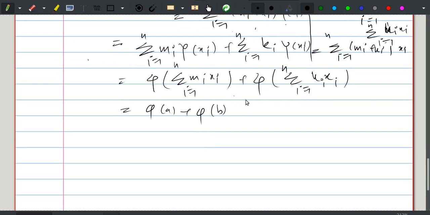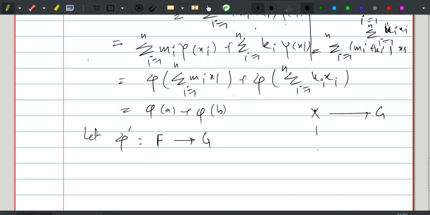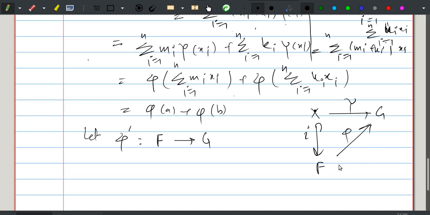So let us suppose, let phi prime from F to G, so this is over X here, this is G here, this is F here, this is the inclusion map, this is gamma here, and this is phi here. So we are supposing that there is another such map phi prime.